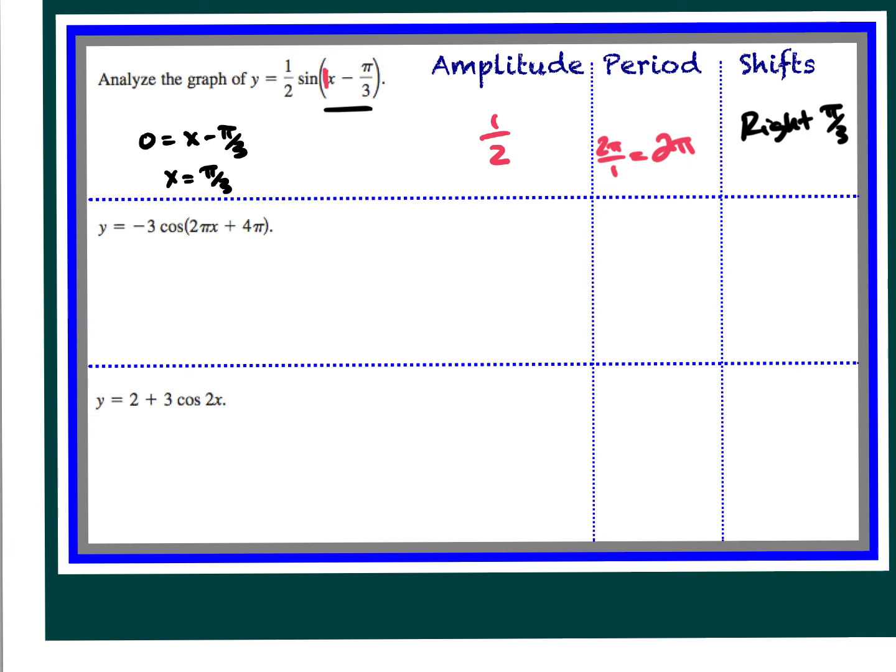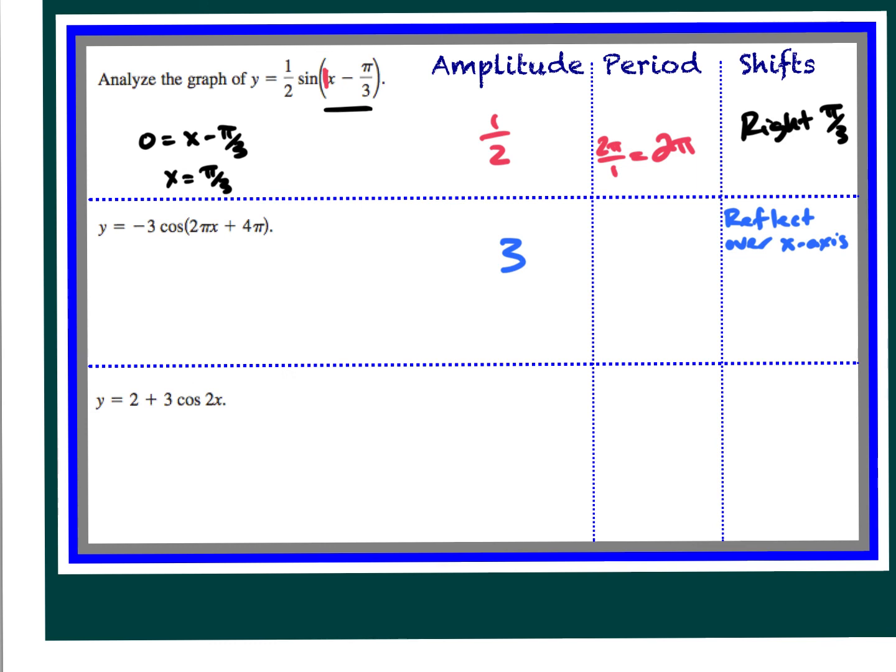What's the negative do? Flips it over the x-axis. Is that my amplitude or is that a shift? That's a shift. So this is a reflection over the x-axis. That negative part is part of a shift.